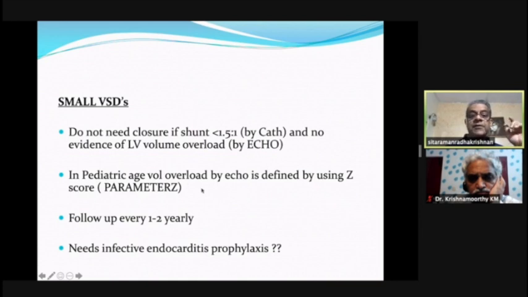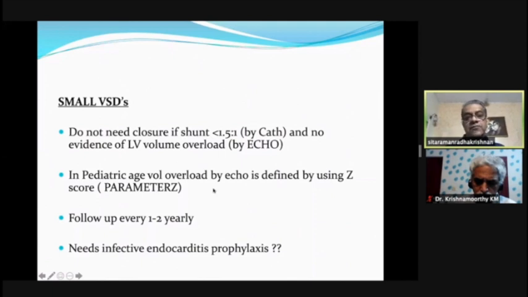Remember that in the pediatric age group, volume overload by echo is defined by using what is known as the Z score parameters. It is easily available on the internet, and various institutions have developed them, but there is not much difference between the so-called Boston criteria and the others.